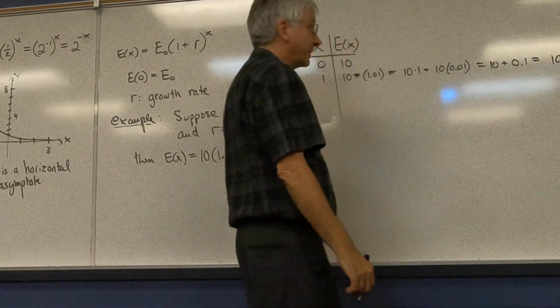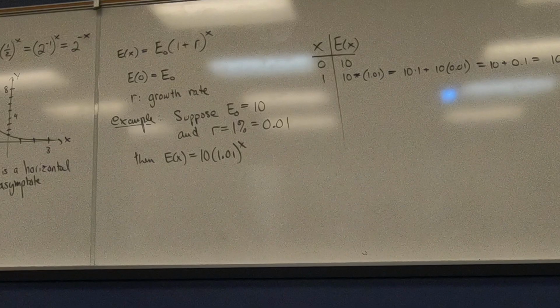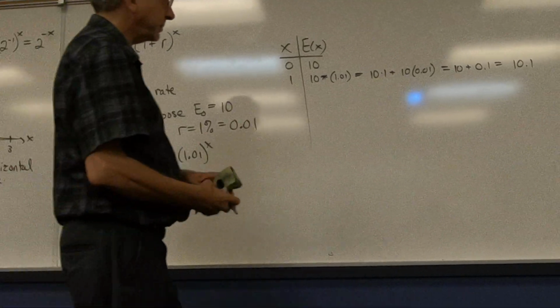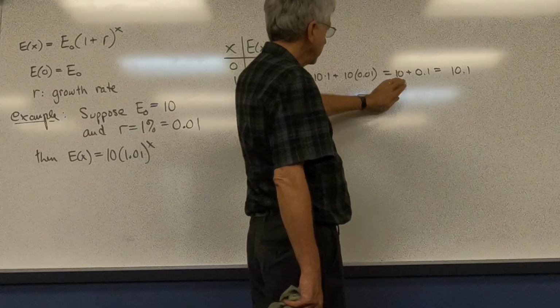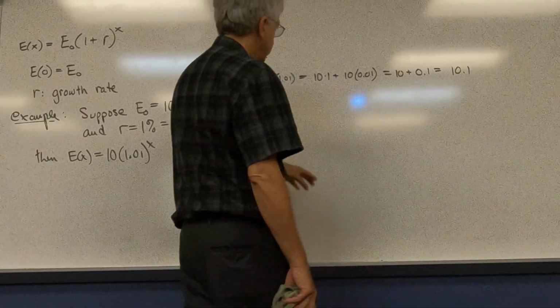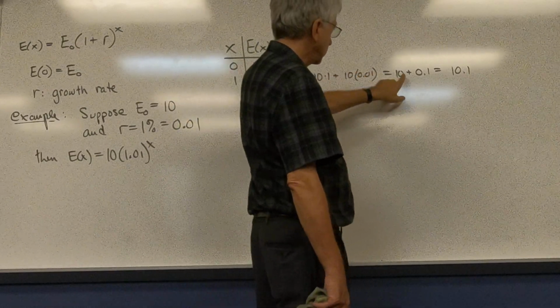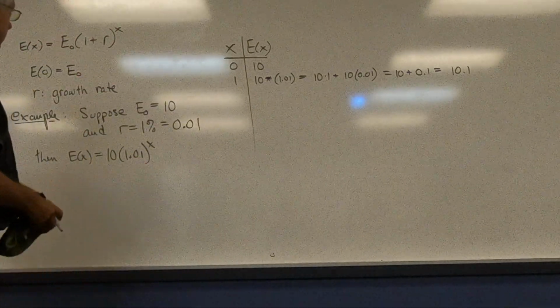I could have just written 10.1 in the first place, but I wanted to expand it out so you could see what the components are. You've got what you started with plus the amount of growth. That's your E naught plus r times E naught, which if you expand this, that's what you get.